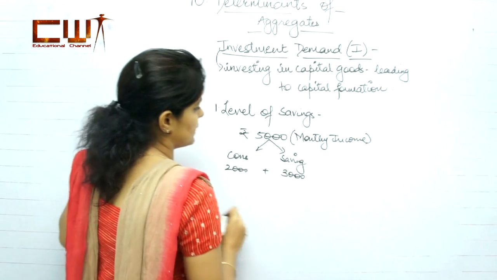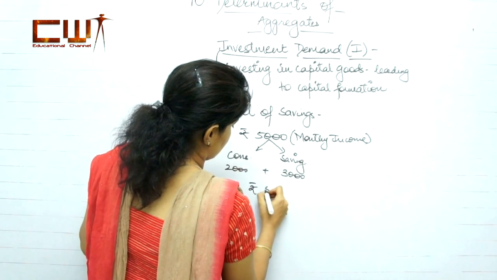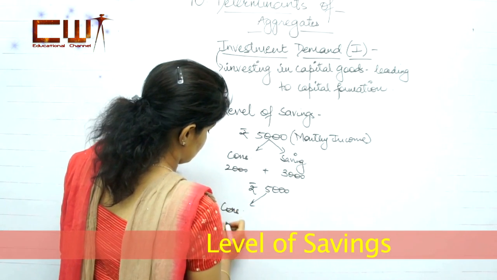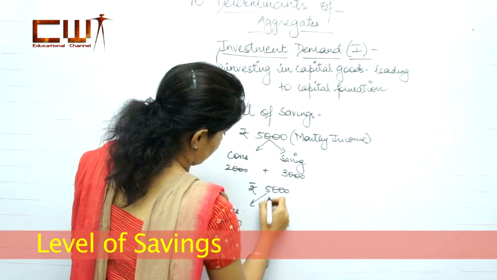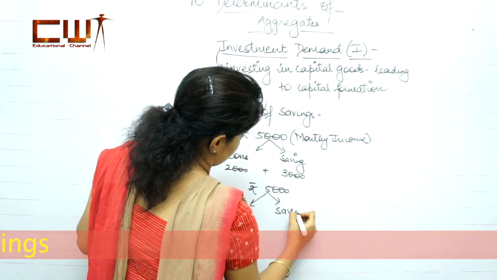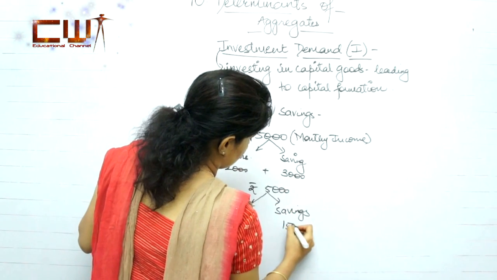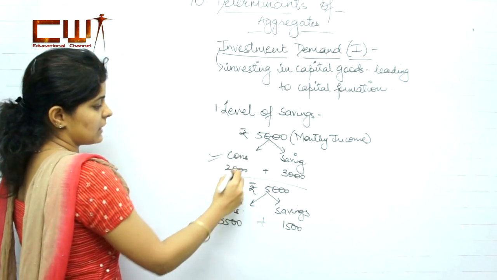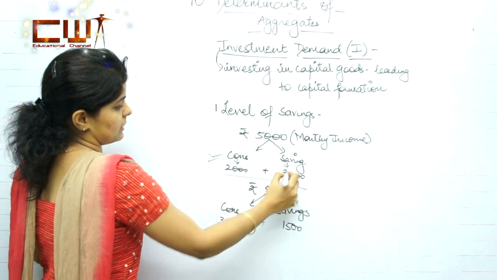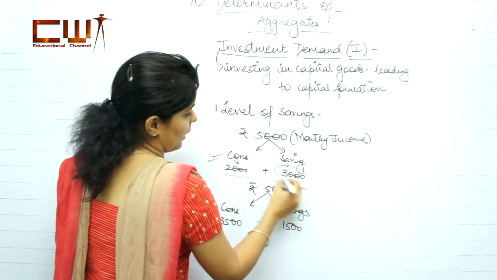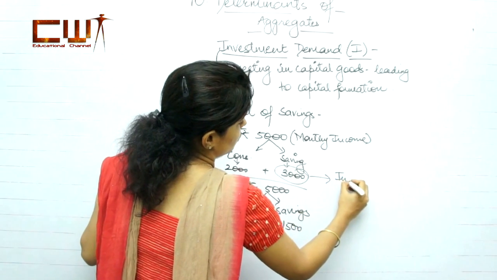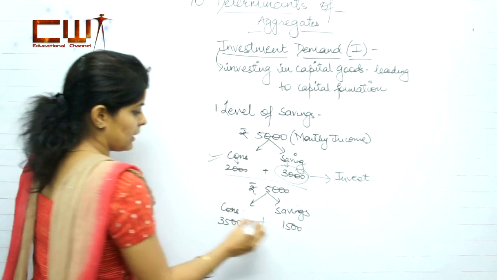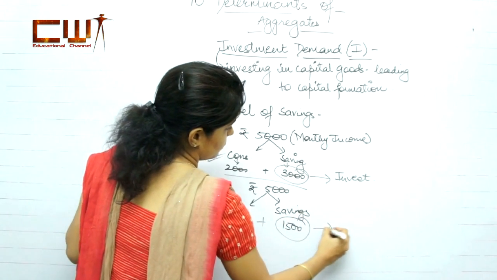Next case, you are earning 5,000, your consumption is 3,500 and your savings is 1,500. In the first case, whatever money you have saved, you will invest it. And here also you will do the same.